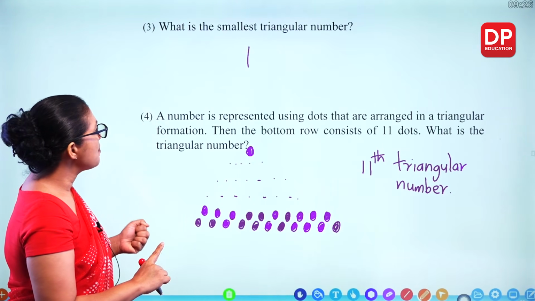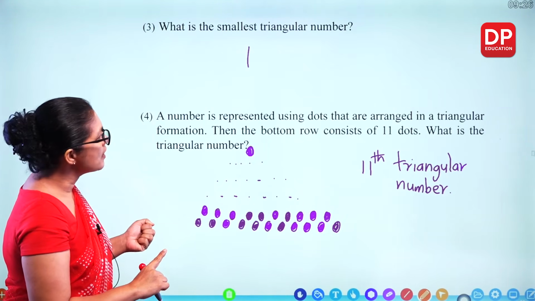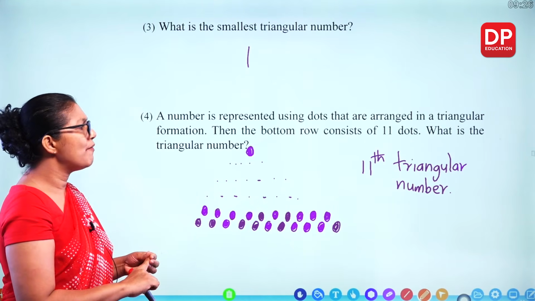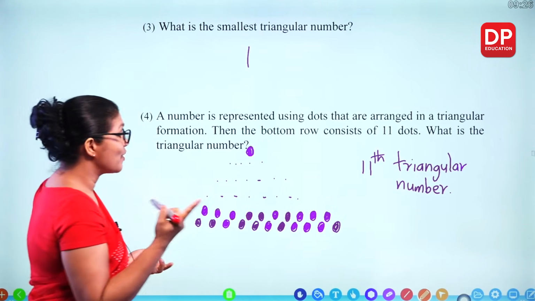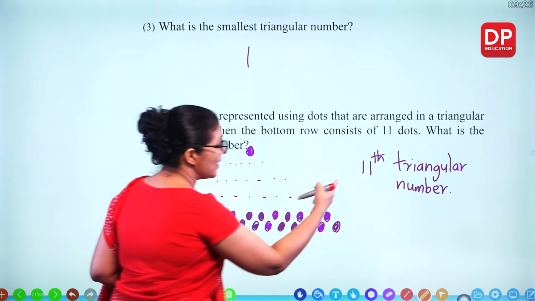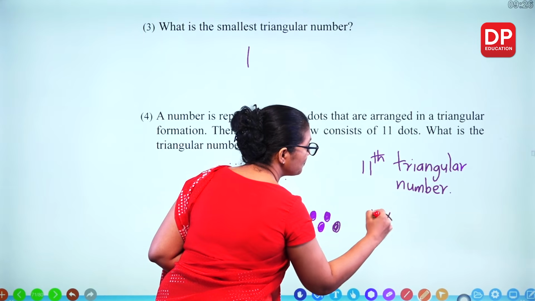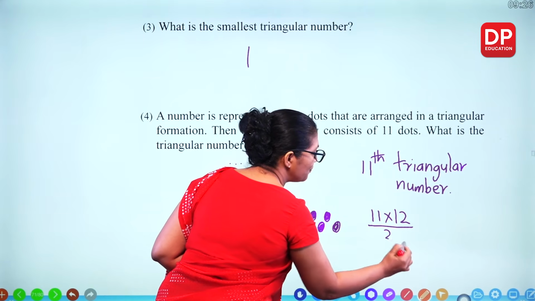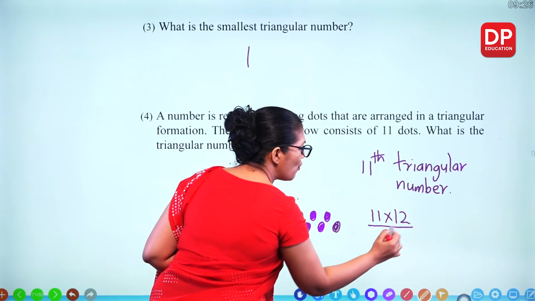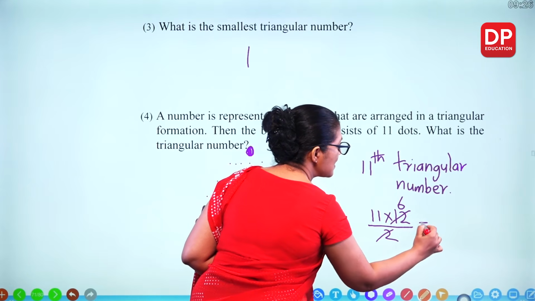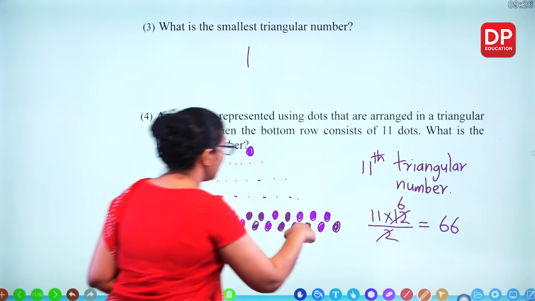A number is represented by this one, then the bottom row. What is the triangular number? That's 11. If you want to find out that, you can find that number as well. So what's the number? 11 times 12 divided by 2. We found the pattern before. Multiply by 6. So 66 dots are there.